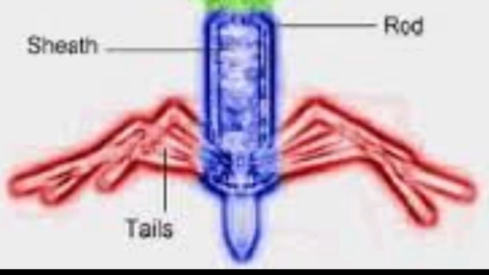Now, the third part of the virus is the actual attachment apparatus. This part is specific for a specific cell that it infects. In other words, this virus is not configured to infect all types of E. coli bacteria. It's only configured to infect one type of E. coli bacteria, and that is specified in the DNA that's inside the capsule of the virus, on the genes of the DNA.